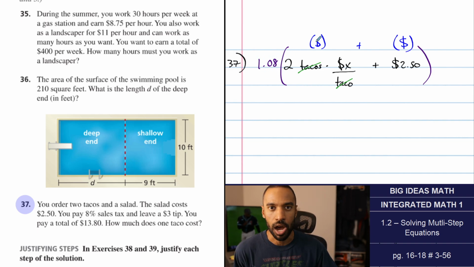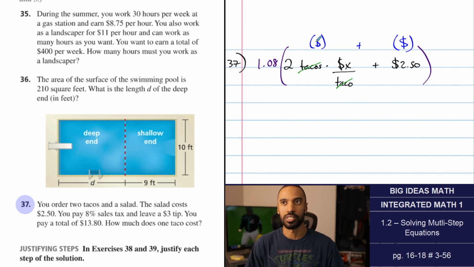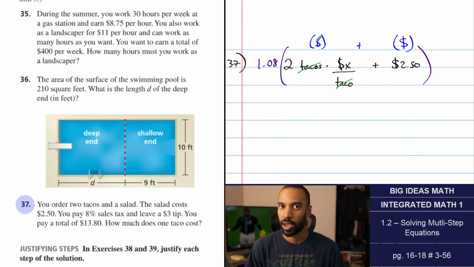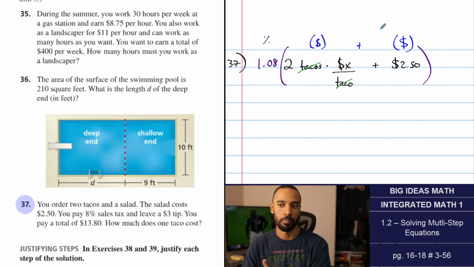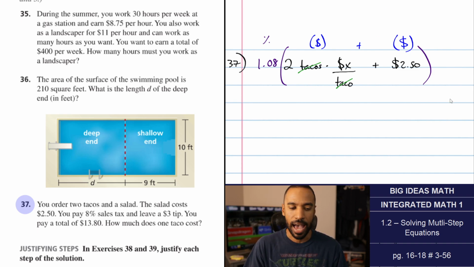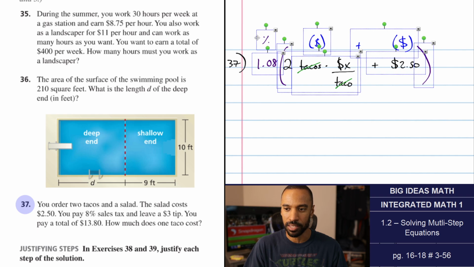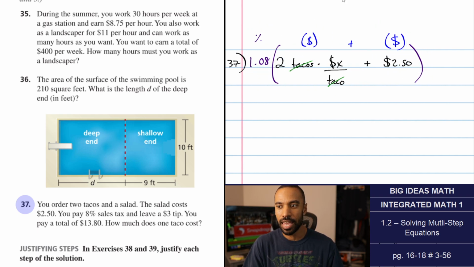When I multiply dollars by a number, the result is still dollars, right? What's $5 times 3? It's $15. It didn't change it into something else. So keep in mind, the 1.08 is representing percentage, but when you multiply by it, it's still a dollar amount. Now, ultimately, that 8% sales tax is to your subtotal, and then on top of that, you add a tip. The tip is not applied as a part of the 8%.